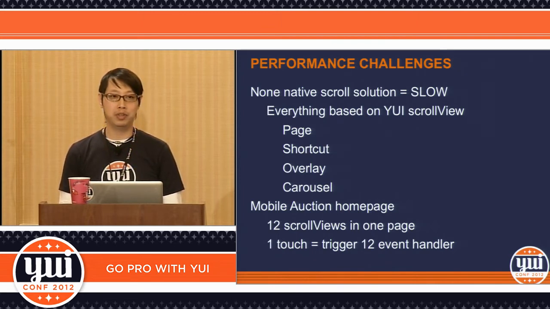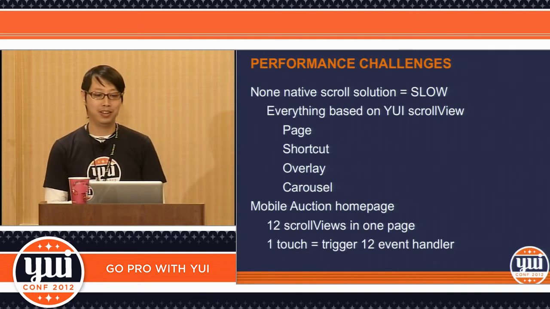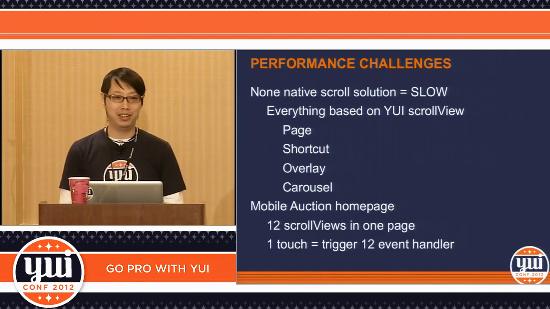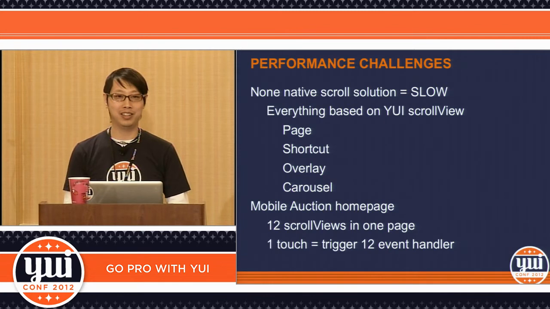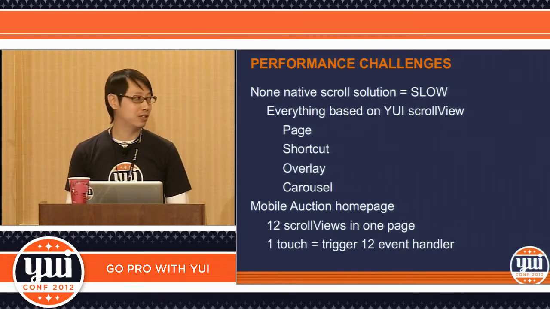That means if a user does one click, one touch, then the touch event will be triggered, and then we have 12 event handlers to handle it. So in this situation, the user will feel the scroll is not very smooth. FPS is really low.